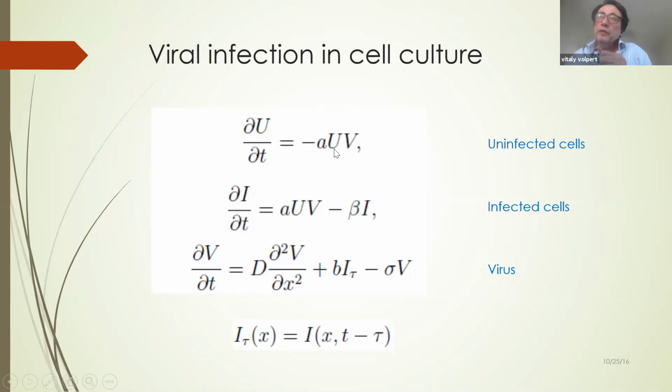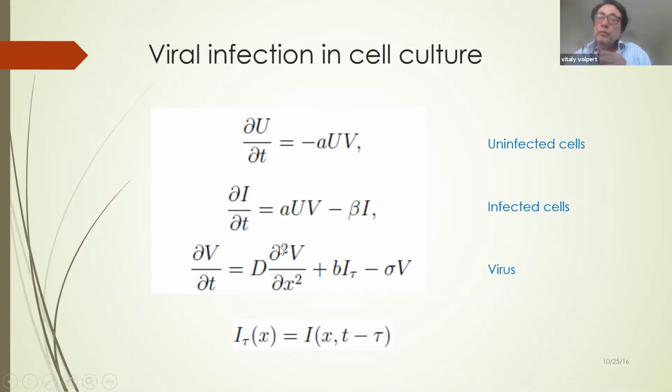So uninfected cells U become infected cells called I here, with the same production term UV, the same term here. Then after some time, infected cells can die. This is why we have here minus some constant I. And finally, we have this virus V here.